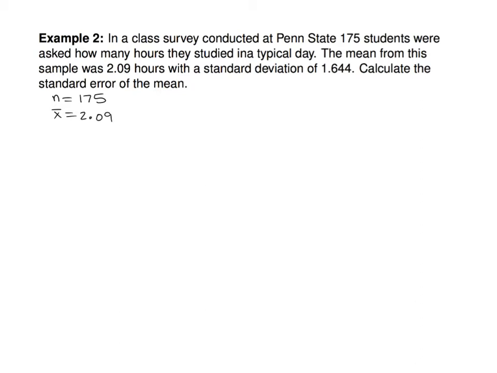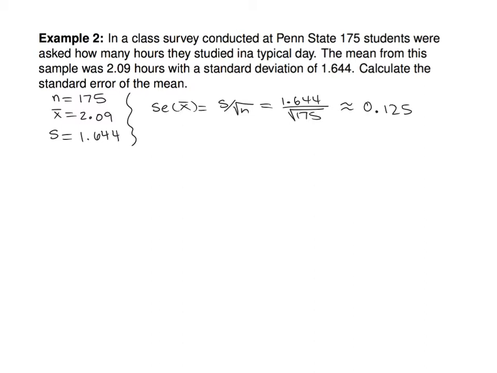And the sample standard deviation S is given as 1.644. Now the standard error of x bar is S over root n, which is 1.644 over root 175, which comes out to be approximately 0.124.